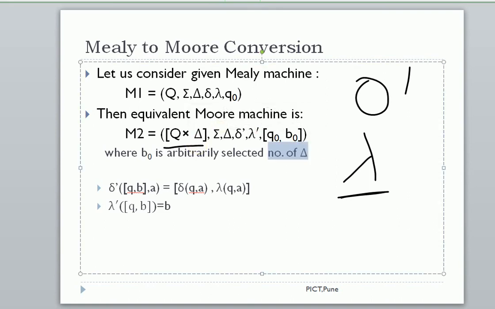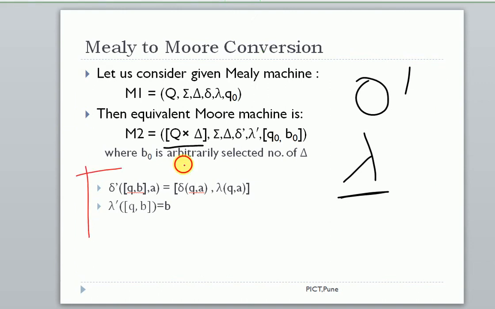Not only the initial state, but there is one more thing, B0, which is arbitrarily selected from the output alphabet set. So how do we convert the Mealy to Moore? There is an equation to do that, and this is what we are supposed to find out.